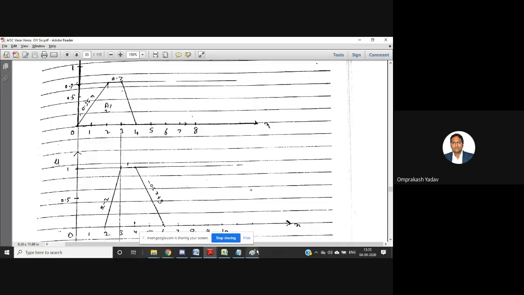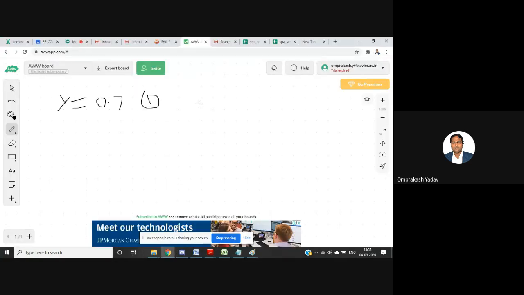So I'll take this one. Y equal to x minus 2. This is the second equation. Now I have two equations. I want to determine the x and y coordinate. So what I can do is substitute this value in this particular equation.